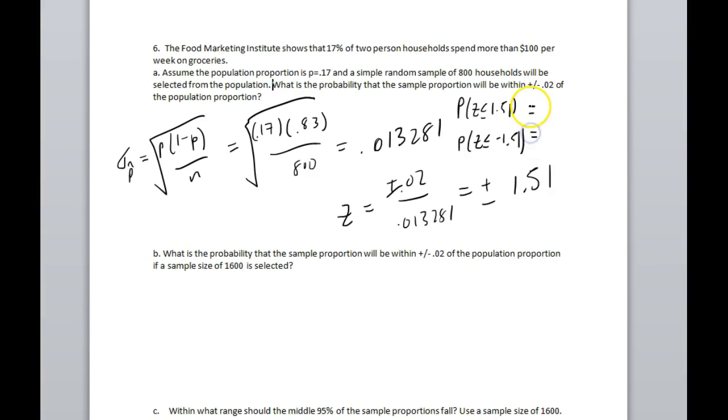We find what those are on the table, and we get 0.9345 and 0.0655. Then in order to determine that range, it's just 0.9345 minus 0.0655, and that gives us 0.869.